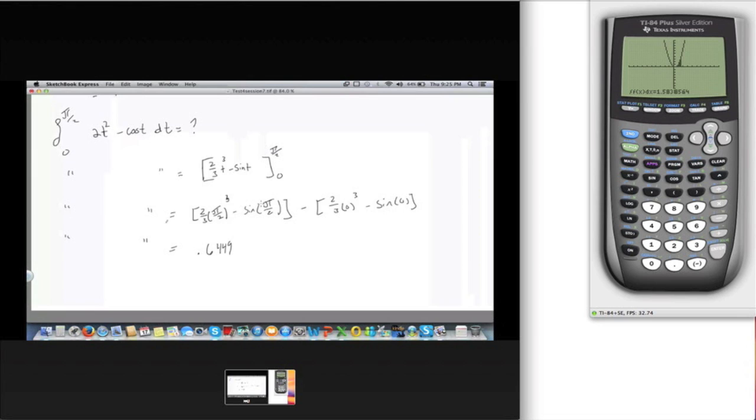I bet I squared. Okay, minus. Oh. Yeah, I did. That was my issue. Okay. 2/3 times pi divided by 2 cubed minus sine of pi divided by 2. Yep.